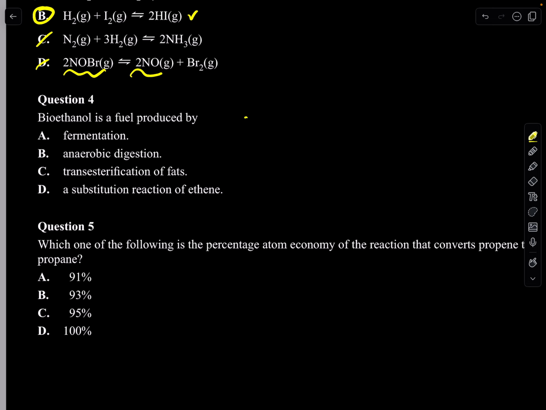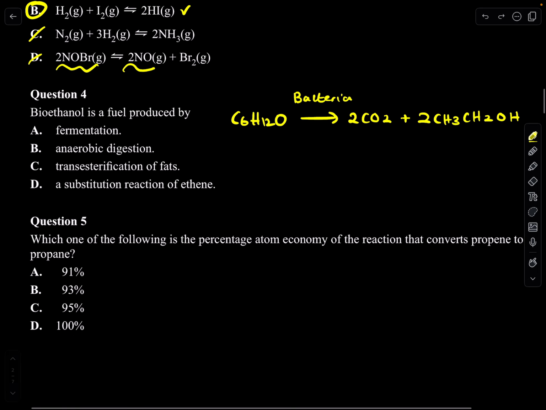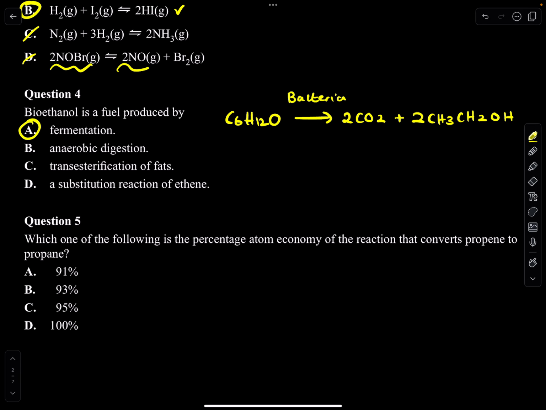If you have glucose, which is C6H12O6, and bacteria acting as a catalyst, it will decompose to CO2 and 2 ethanols, and these are your bioethanols. And these are what we want. So yeah, this is a fermentation reaction.